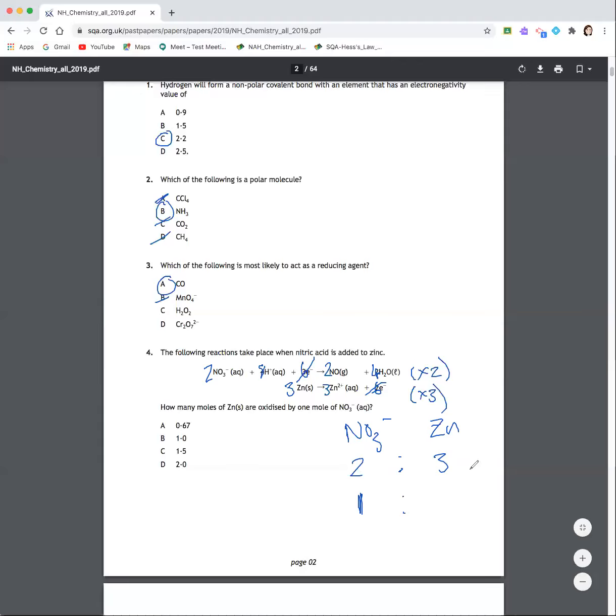So if you apply the molar ratio, that means you can oxidize 1.5 moles of zinc in the 2:3 ratio. So you would divide by 2 times by 3. Or if there's another way you can work out the ratio, then just use that, as long as you get the answer of 1.5.